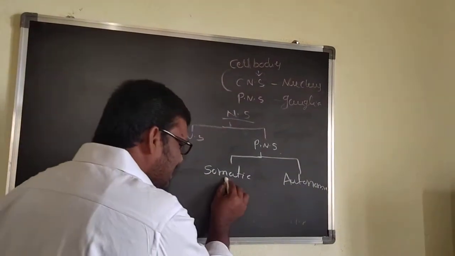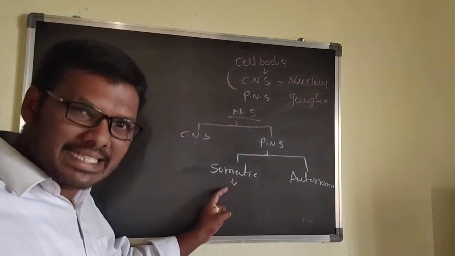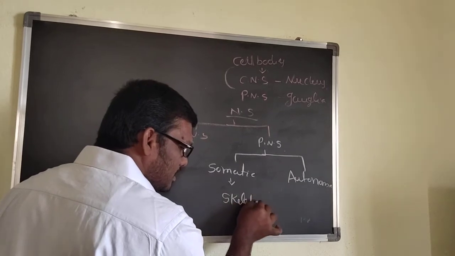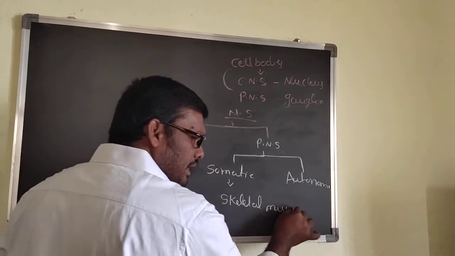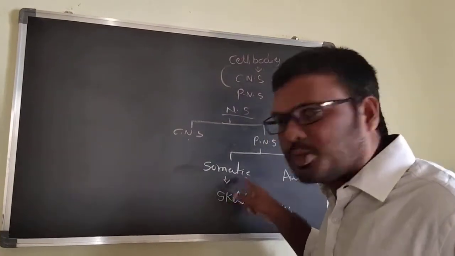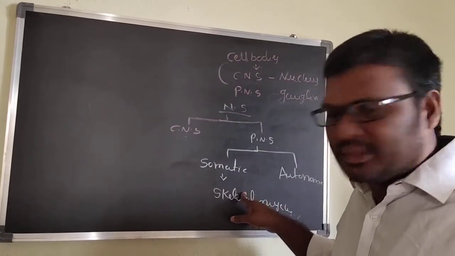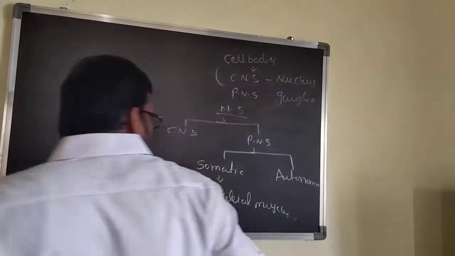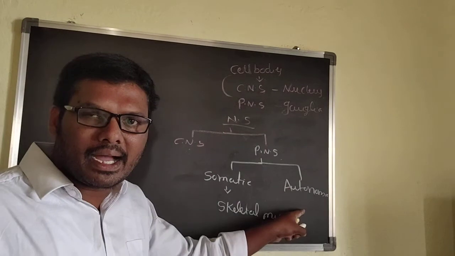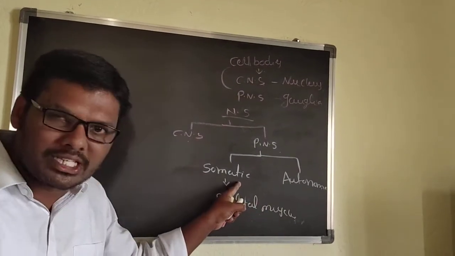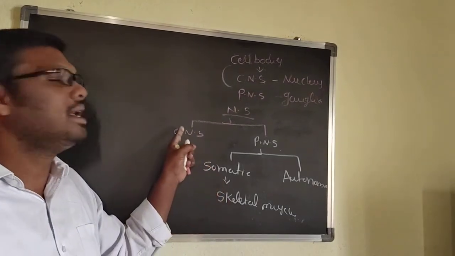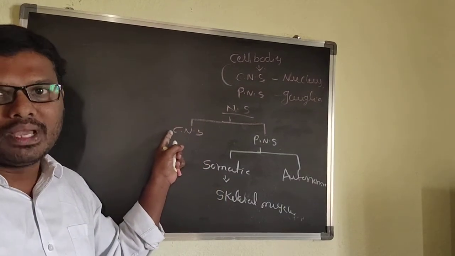The somatic nervous system sends signals to the skeletal muscles. That's why we can say the skeletal muscles are controlled by the somatic nervous system. Here, very important: the peripheral nervous system can be classified into two types, one is the somatic, another one is the autonomic. The somatic nervous system sends signals to the skeletal muscles through the central nervous system.